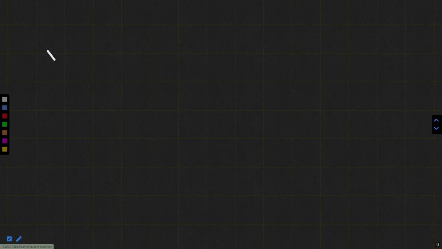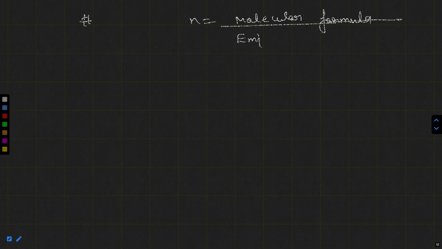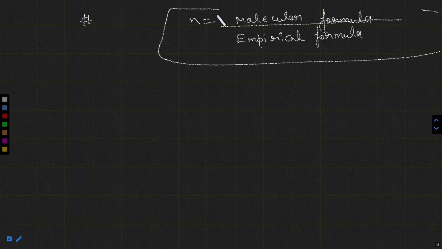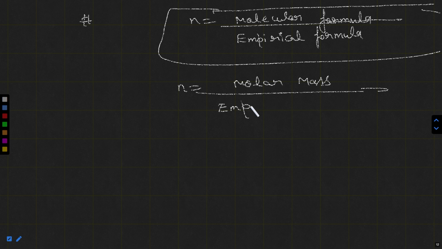One more thing I want to say: with the help of this formula, I have calculated the value of n. How can you calculate the value of n? If in any question the molecular formula is given and also the empirical formula, then you will get the value of n. Not only with this, you can calculate it as molar mass divided by empirical formula mass.